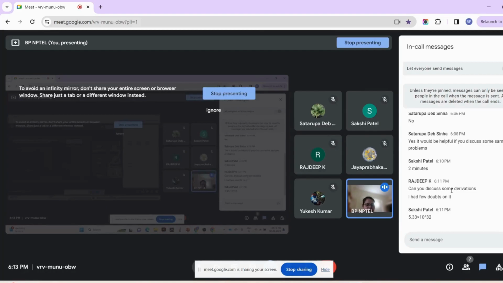Also, Rajdeep, for some derivations, I had a few doubts. Okay, right now I don't have the materials handy, so it's a bit tricky to discuss because I am not prepared beforehand. But I'll surely help you next time on the TA session.